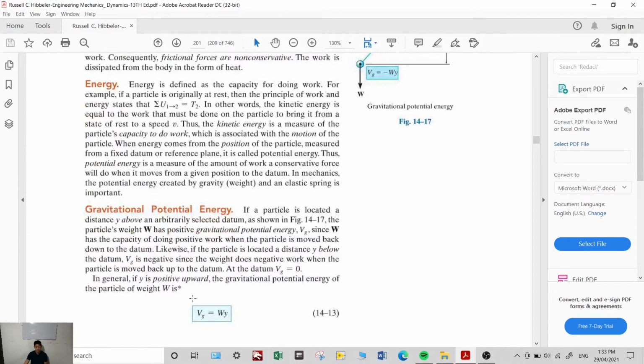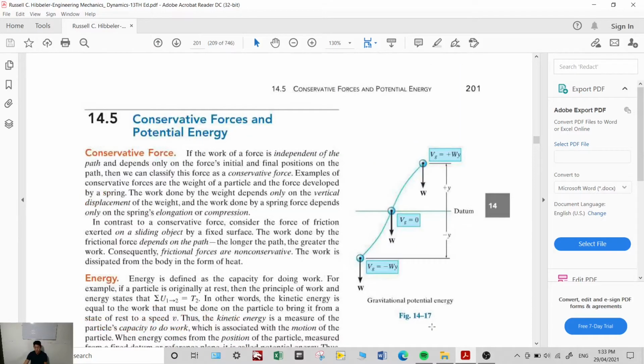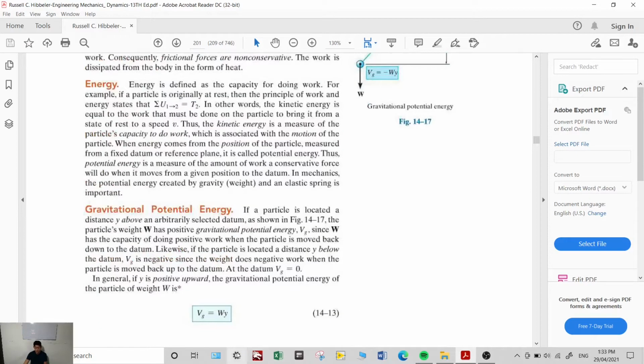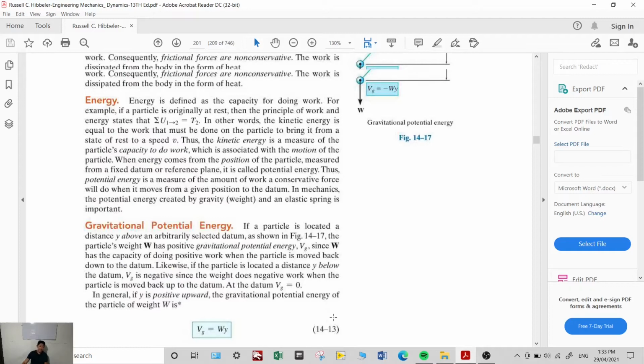For example, in figure 14-17, if this is your datum and your object is above the datum at a distance y, your potential energy would be weight times the height.